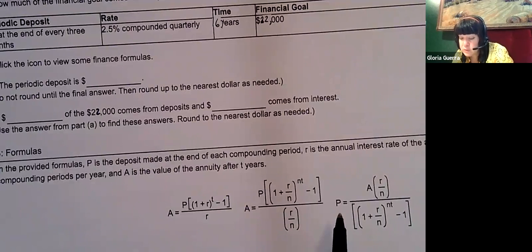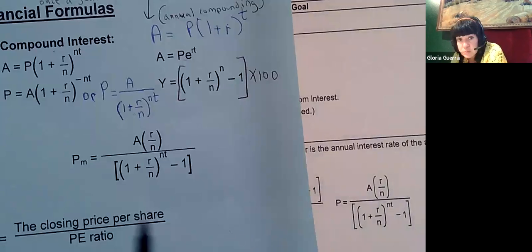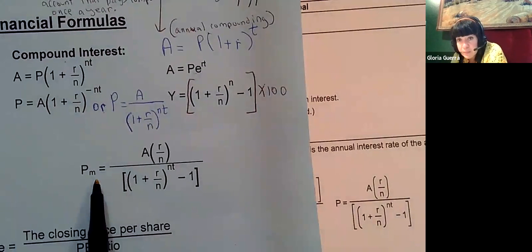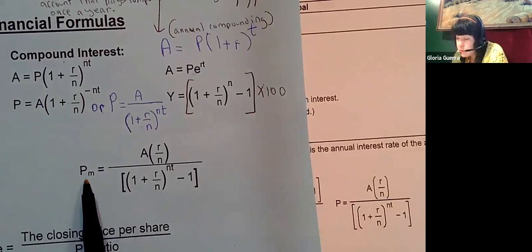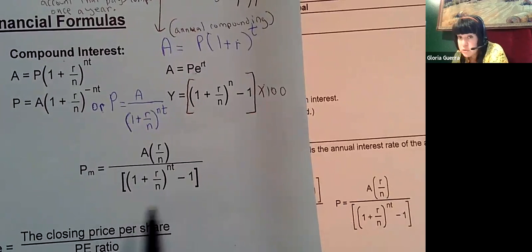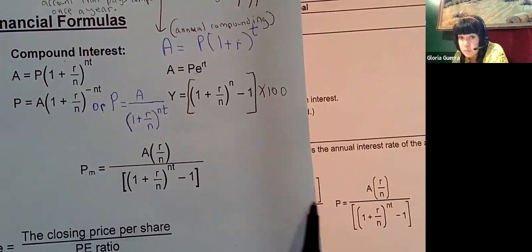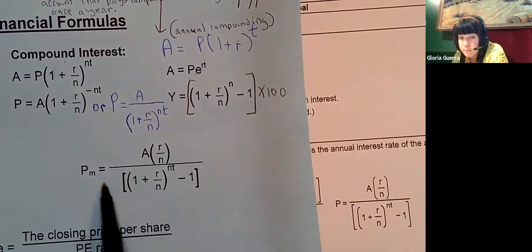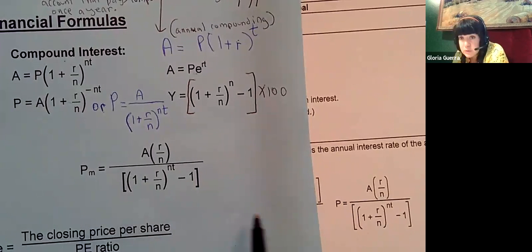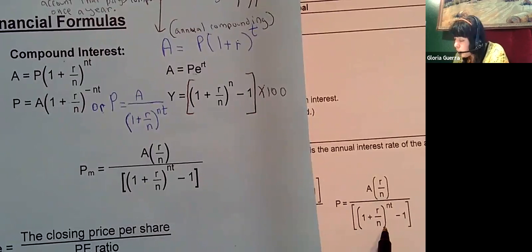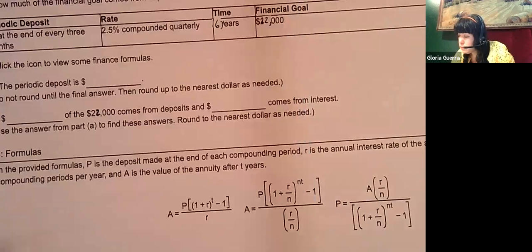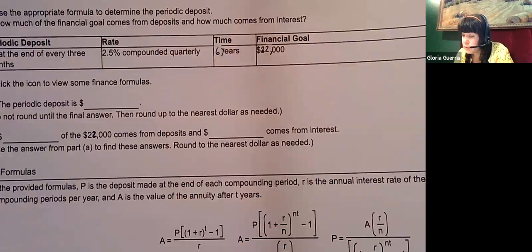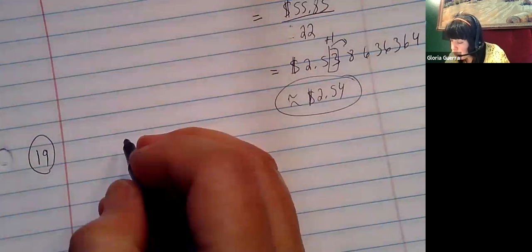We want to find this P. So you see, your formula sheet does P sub M, and this one just does P. Sometimes they change this slightly, still P, and everything else is identical, so don't let that throw you off. Okay, all right. So down the formula.